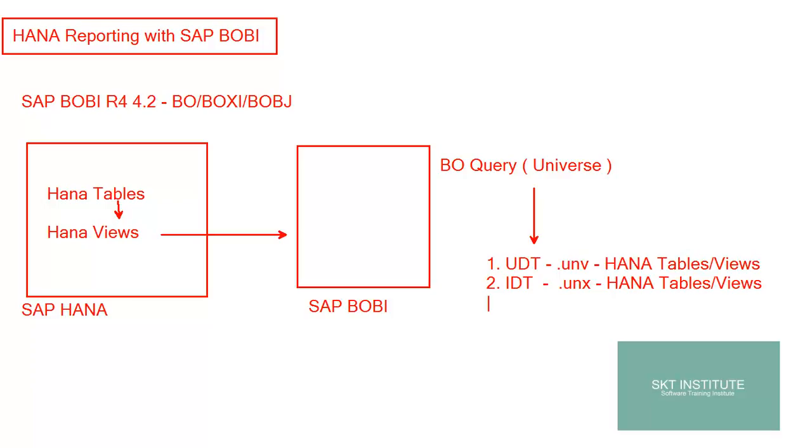In IDT we can create not only a universe, we can create an OLAP connection also, or BIGS connection. BIGS connection we can also call an OLAP connection on HANA views. So let us see today how to create a universe in UDT and IDT against HANA views, calculation and analytic views.